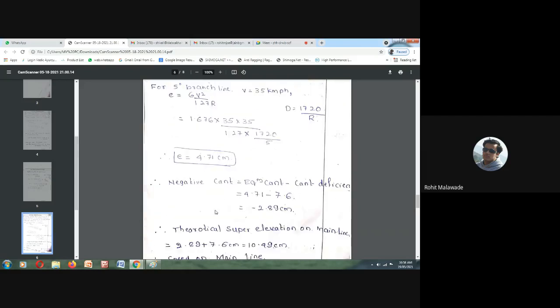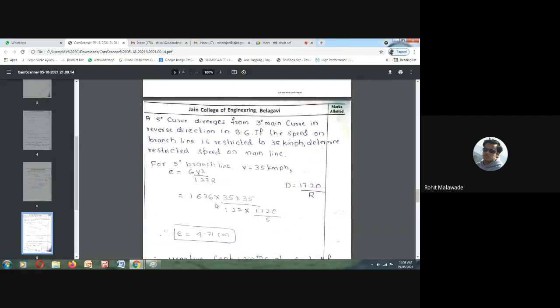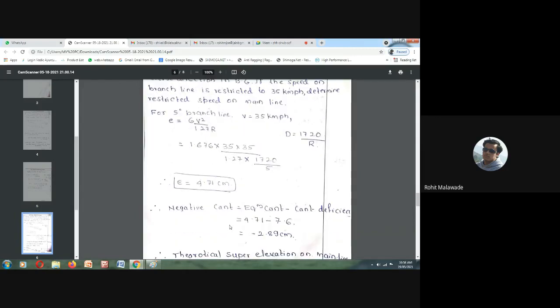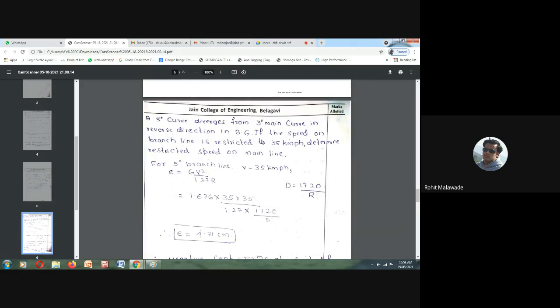So first I will calculate the super elevation on a branch line. Here they have given a broad gauge, that means 1.676, into the velocity at the branch line, which is 35 kmph.